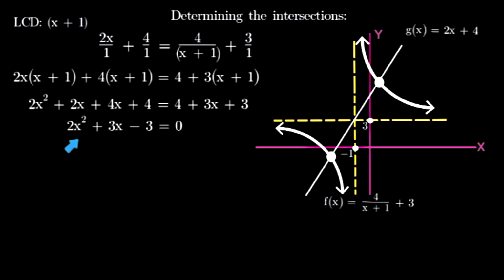Now we can waste some time to try and factorize this trinomial if you can, or you can simply save some time by using the quadratic formula, and that's what I'm going to do. Just to remind you, to do the quadratic formula and find our x values we say x is equal to minus b plus or minus the square root of b squared minus 4ac, all over 2a.